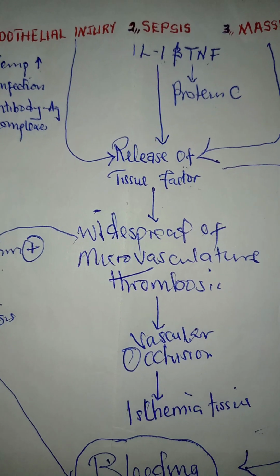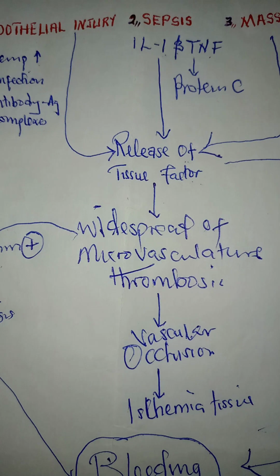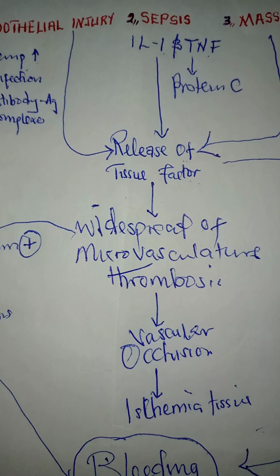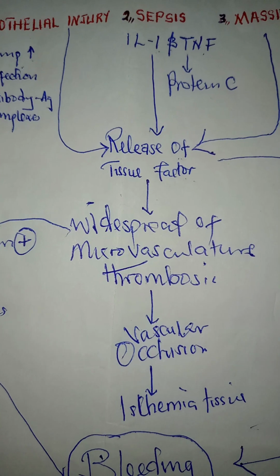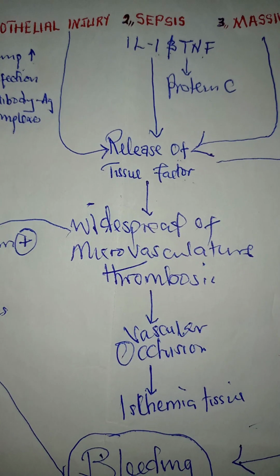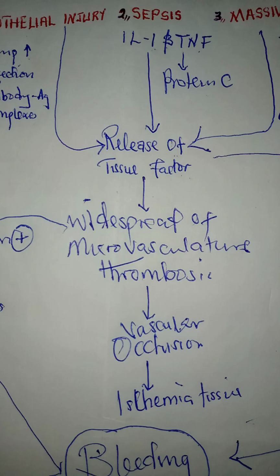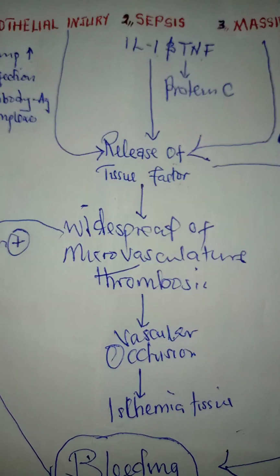These are noticeable cytokines produced by monocytes activated by the endotoxin and exotoxin of gram-negative and gram-positive bacteria.